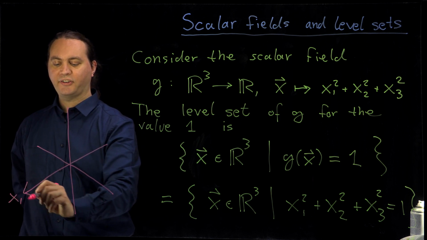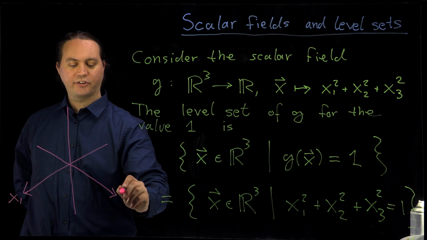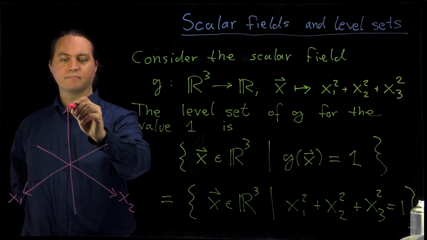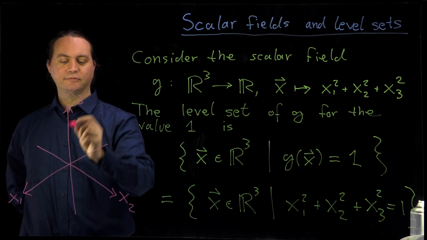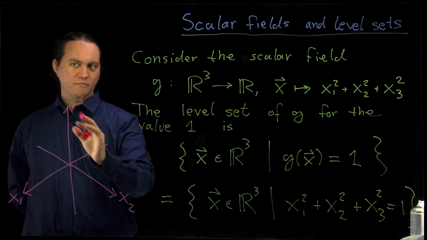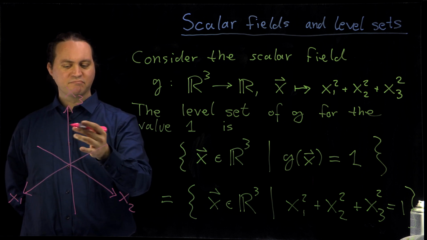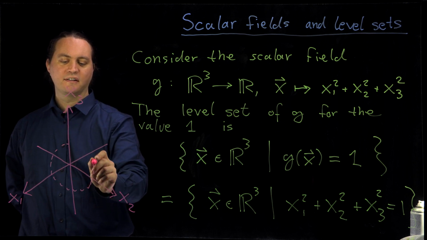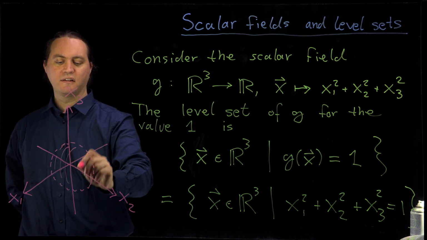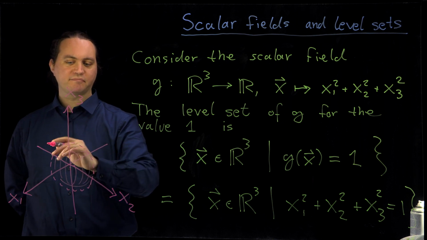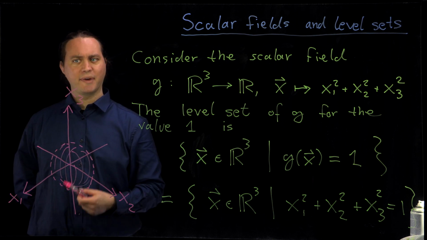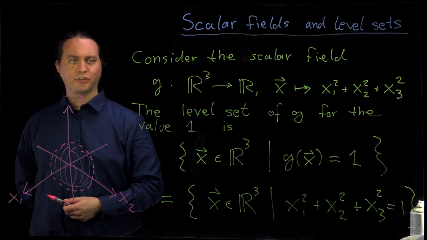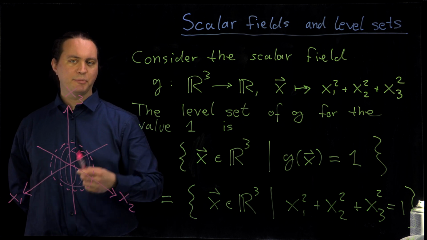We got the x1 axis, the x2 axis, and the x3 axis. And roughly speaking, if you try to visualize this, it will look as follows. This is just an attempt at an illustration of the three-dimensional sphere, which is described by this level set.